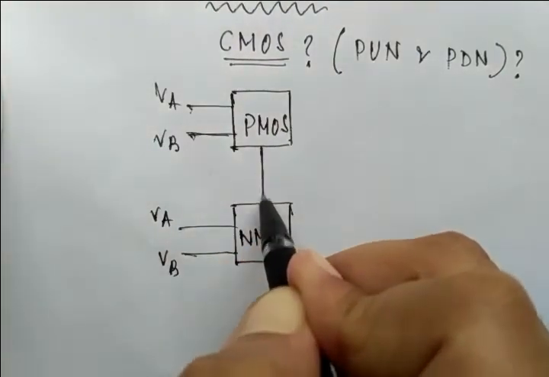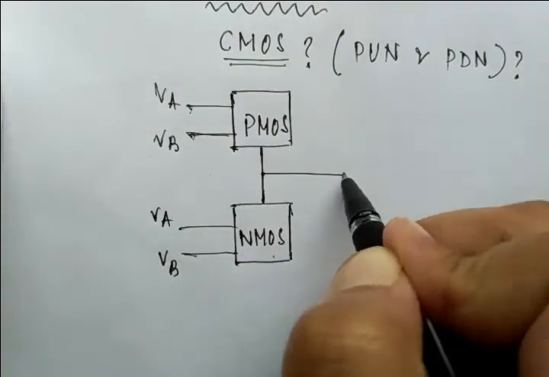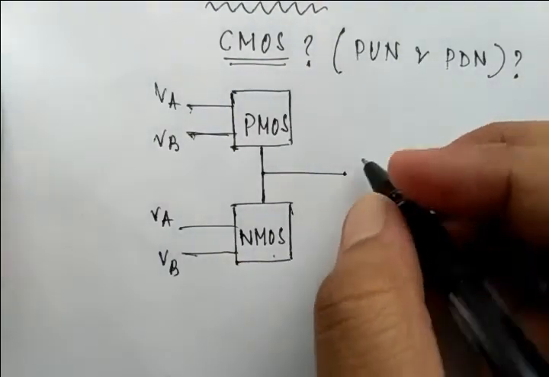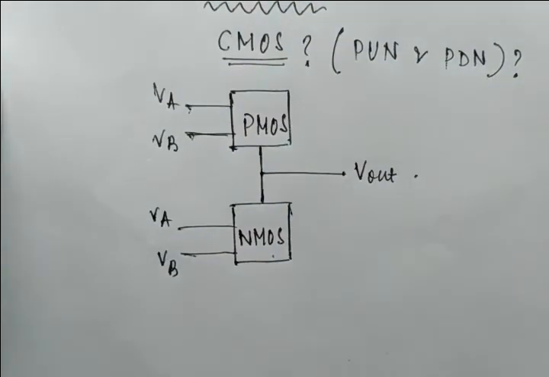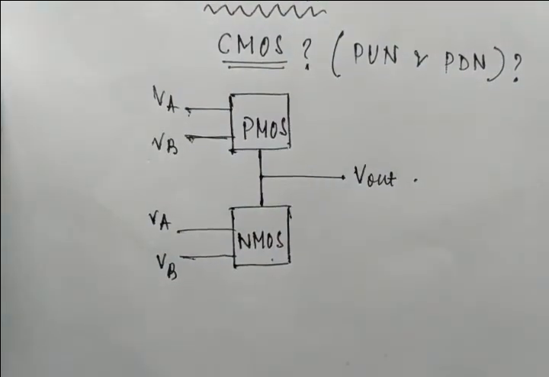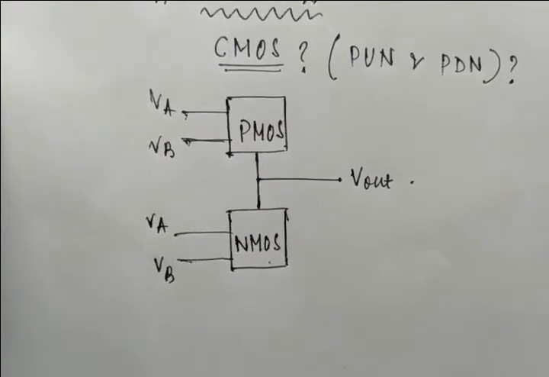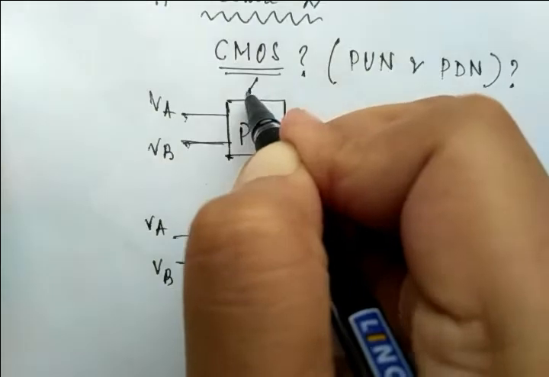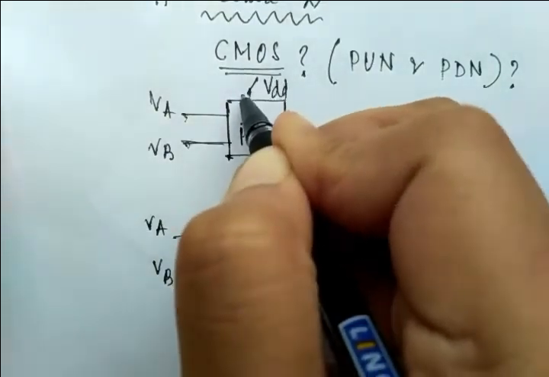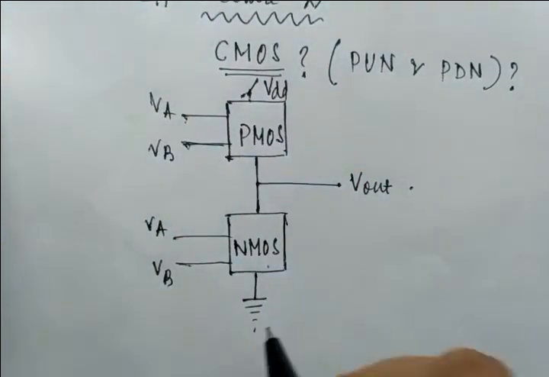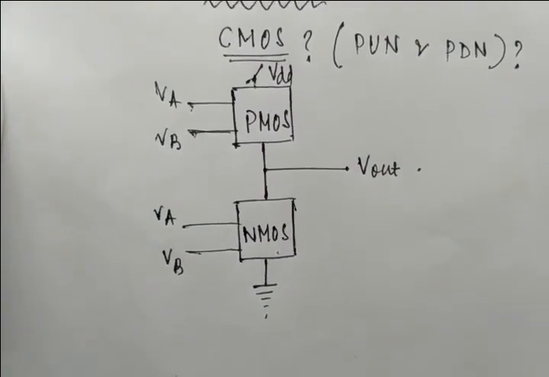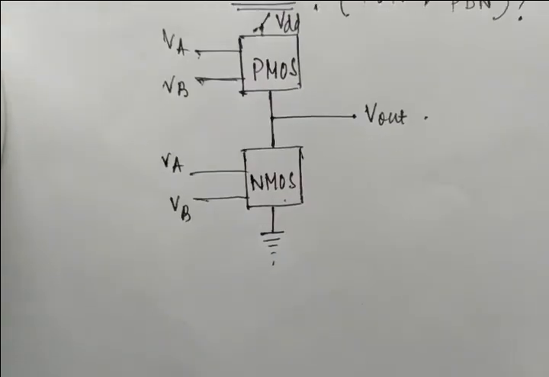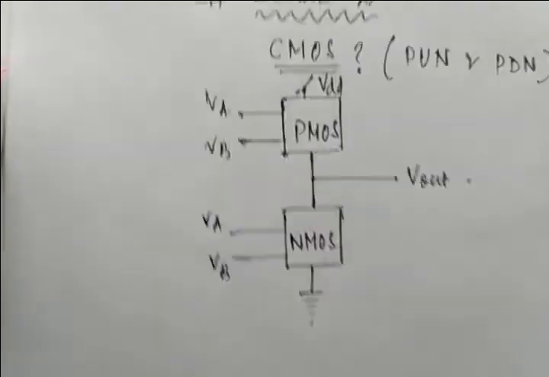And this is connected, and in the middle portion I am connecting the output, that is denoted by Vout. Okay, but till now it is incomplete because I have not given the supply voltage and ground, so it's VDD and it's grounded. So this is your complete version of the CMOS circuit, but in terms of blocks.